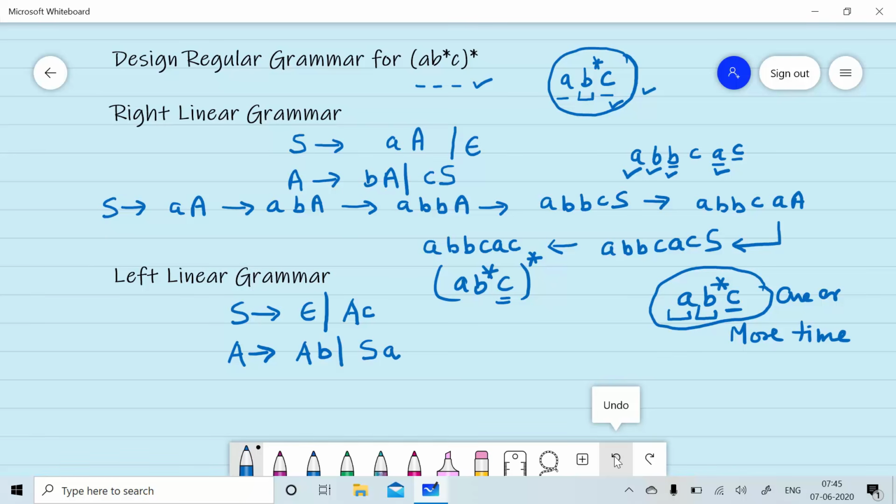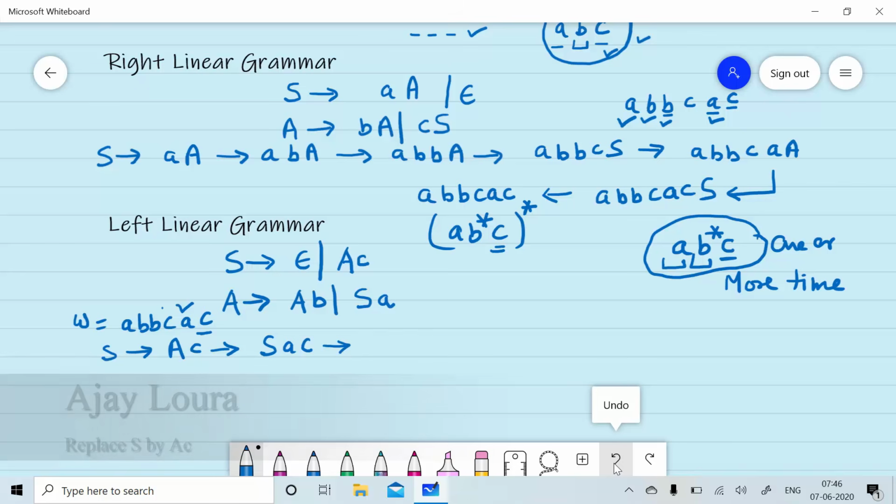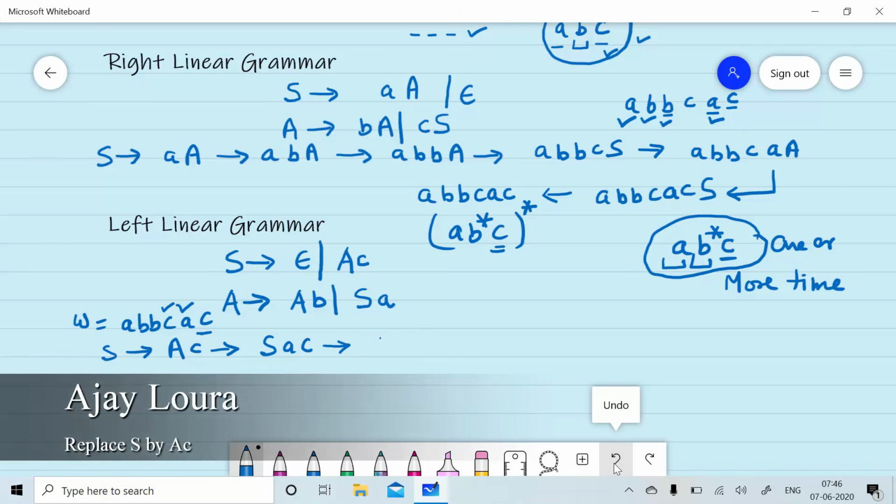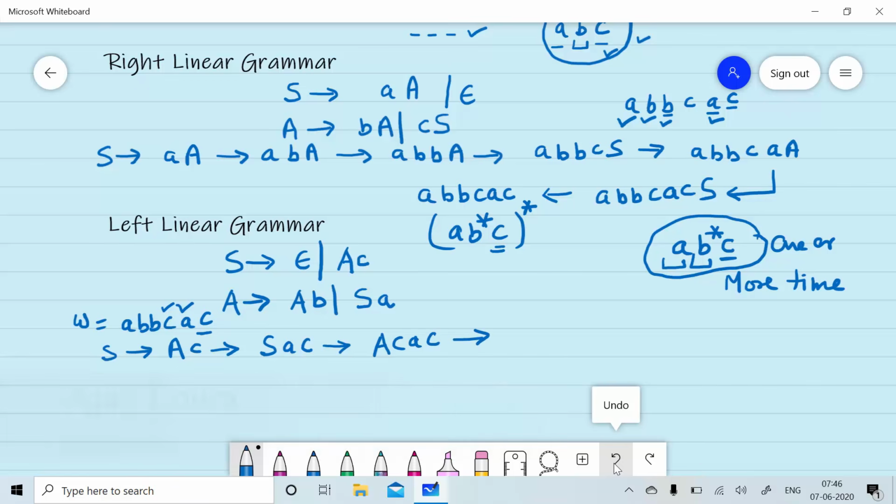Now consider the string again. w is abbcac. So the first symbol that we want to generate is c. So S can give you Ac. Next symbol is a. Now it can be generated using A will give you SA. Then the next symbol is c. Then we want to generate b.